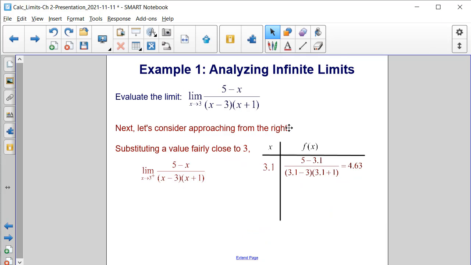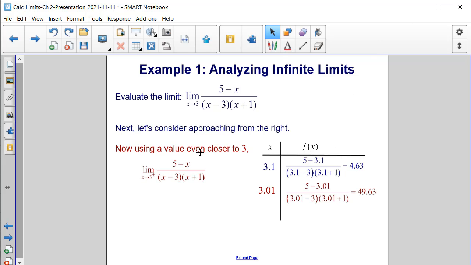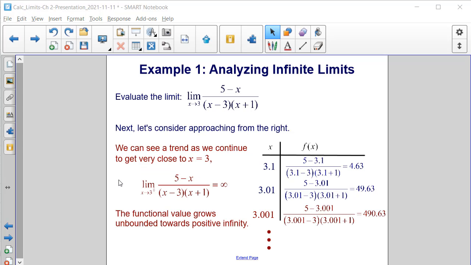Next, let's consider approaching 3 from the right. If we substitute a value fairly close to 3, such as 3 and 1/10, in for our x values, we end up getting 4 and 63/100. Now let's use a value that's even closer to 3, such as 3 and 1/100. We substitute that value in for x in our function, we get 49 and 63/100.